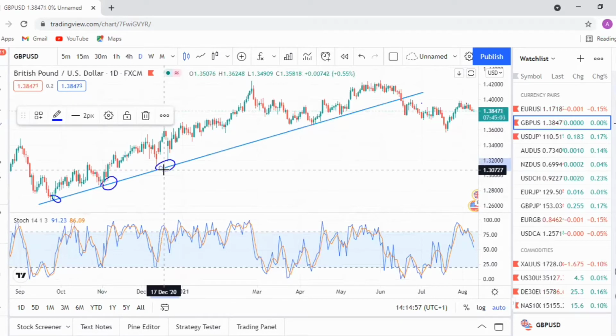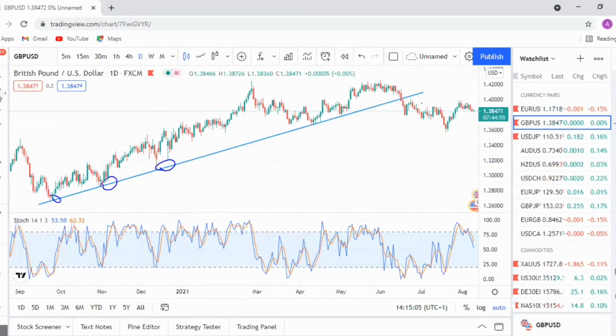This is the 3rd touch. Am I right? So now you can see that at the 3rd touch, where the market did this 3rd touch, look down at this place.